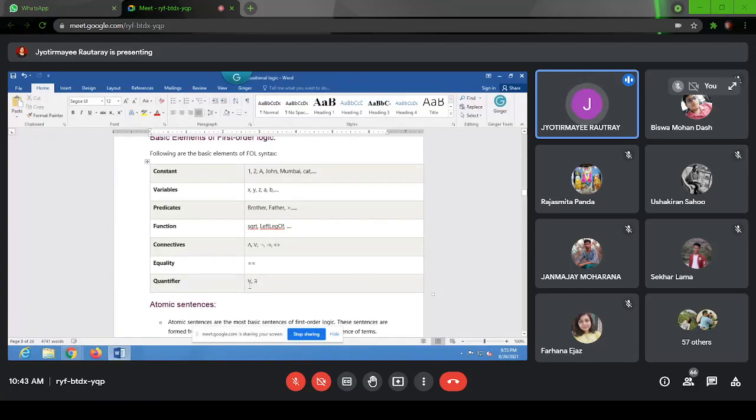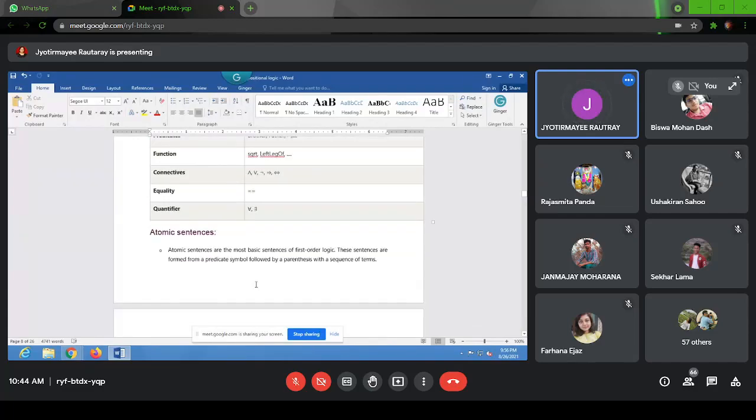The universal quantifier is applied wherever we find the word all or everyone in a sentence. If we find words like at least, somebody, someone, or some, we have to use the existential quantifier.